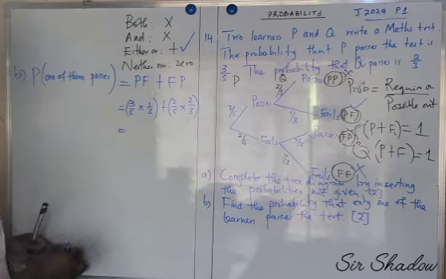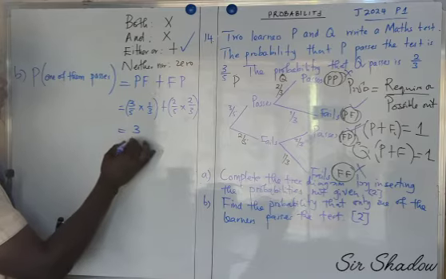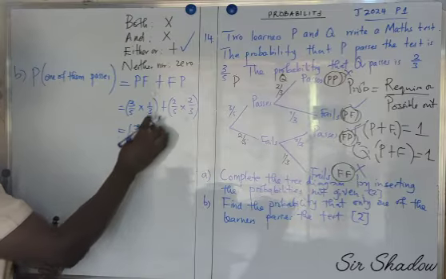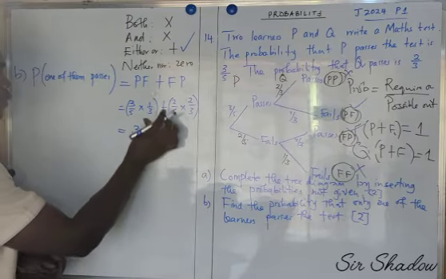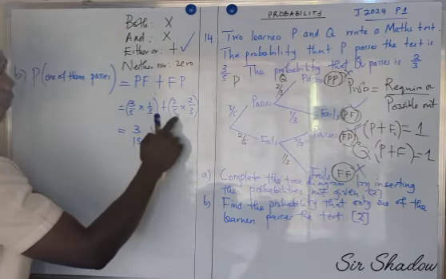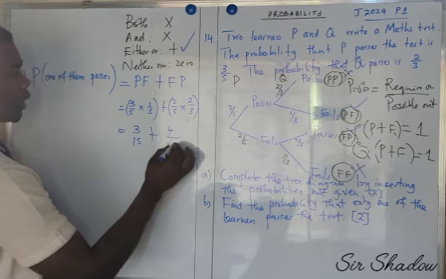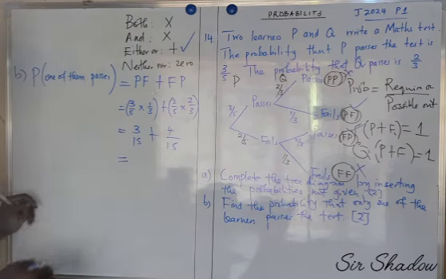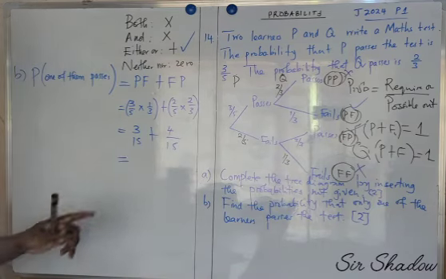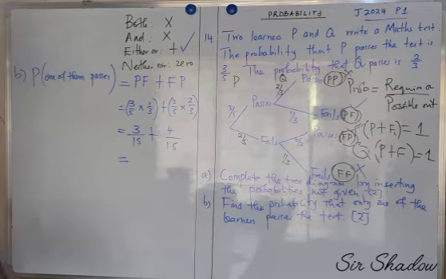Right, this becomes 3 times 1, we get 3, and 5 times 3, we get 15. Now we get 3 over 15 plus 2 times 2, we get 4, over 5 times 3, we get 15. Now we add 3 over 15 plus 4 over 15.